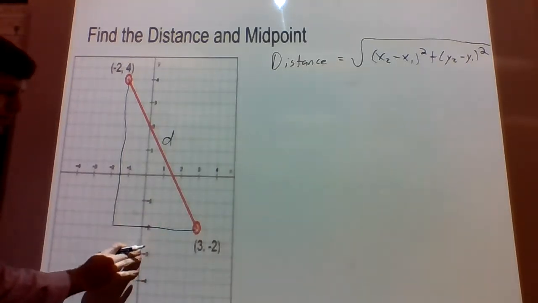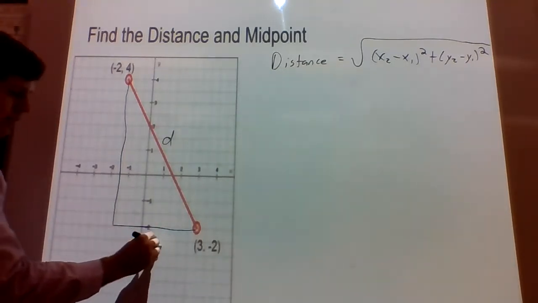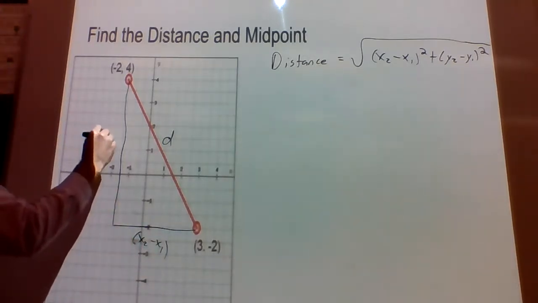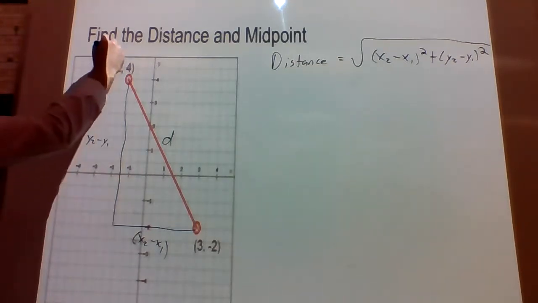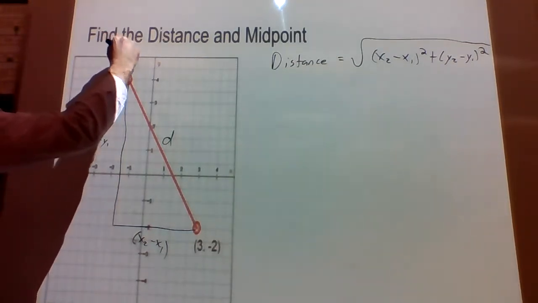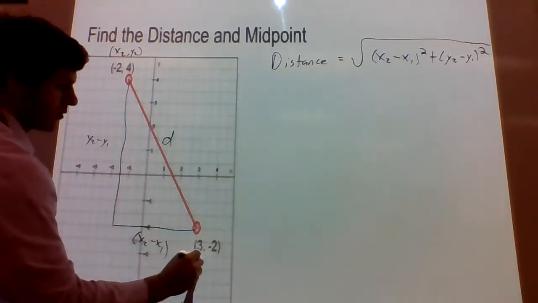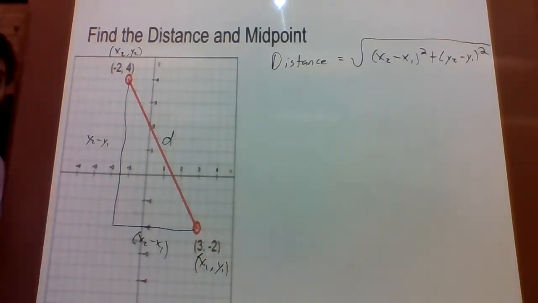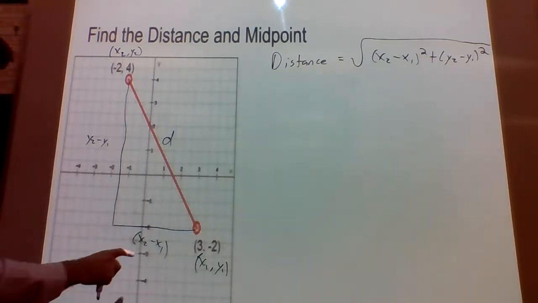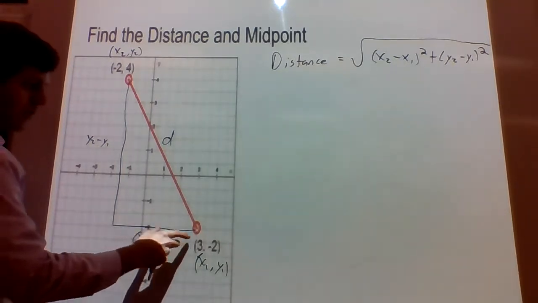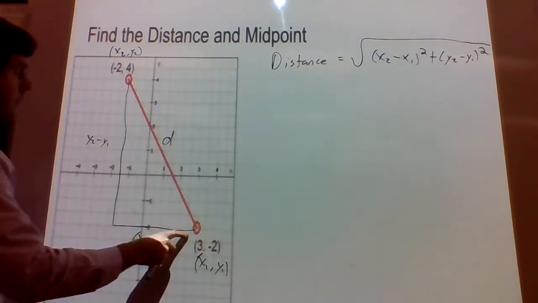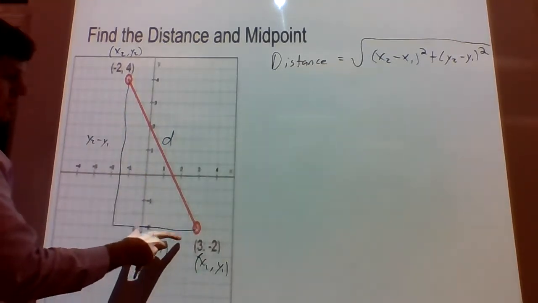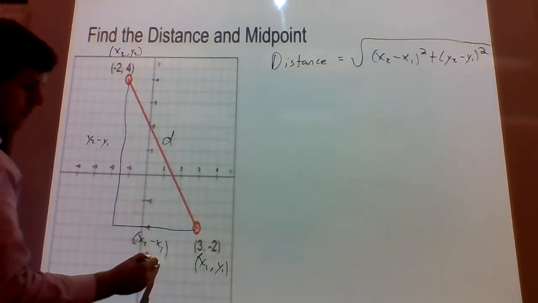This is x2 minus x1. This is y2 minus y1. If we make this point x2, y2 and x1, y1. The distance here is x2 minus x1. In this case, this is -2, this is 3. -2 minus 3, it's a distance of 5.